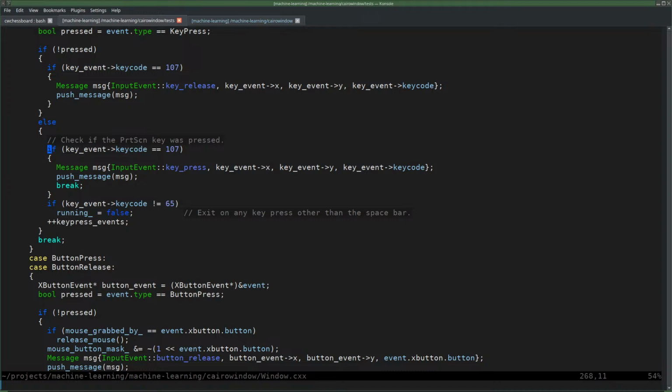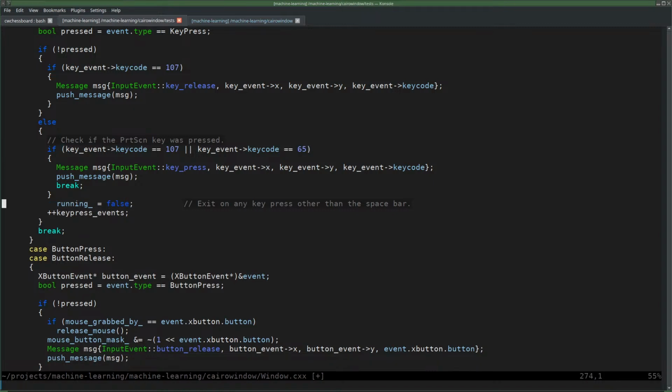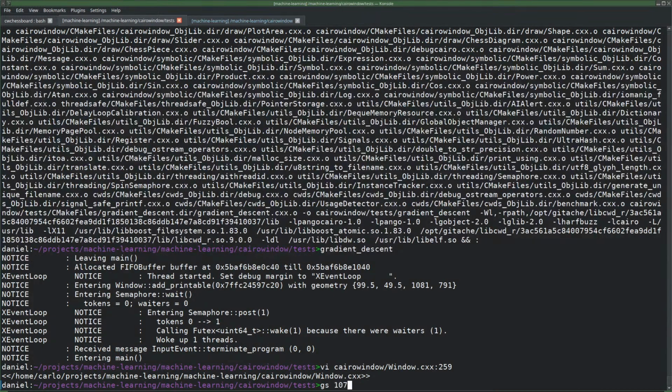So now it sends a message, which is then received somewhere else. So I can grep for the 107 again.